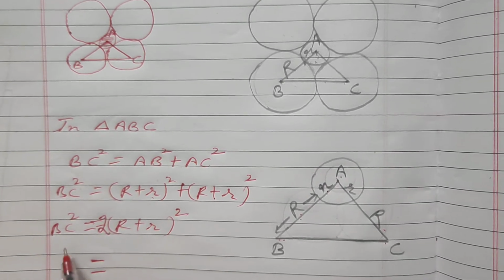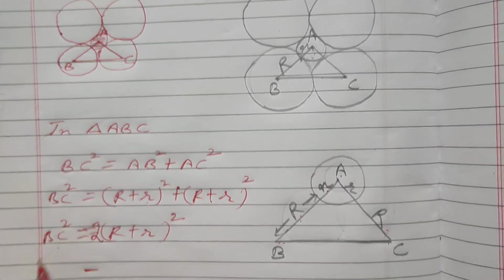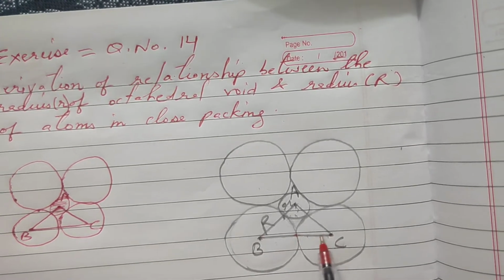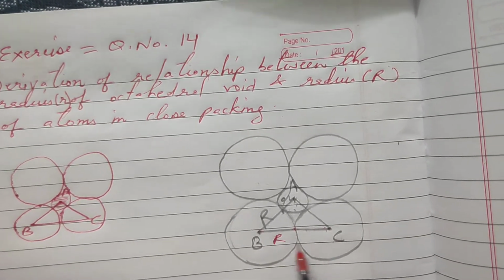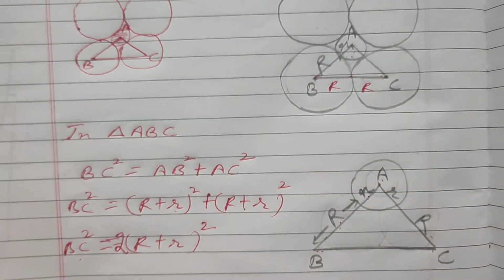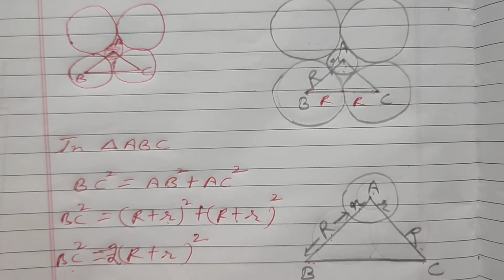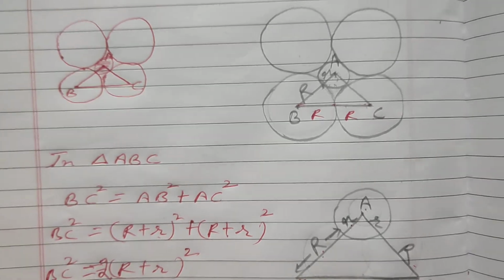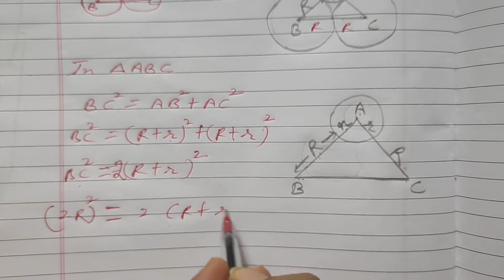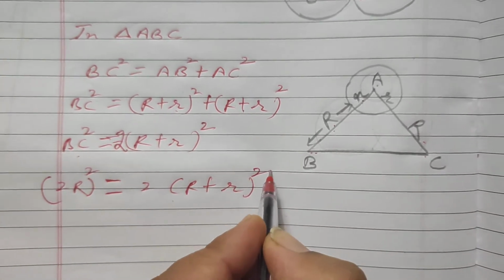Now what is BC here? BC is equal to, this is R, this is R, it means 2R. So BC square is equal to (2R) square. Clear?